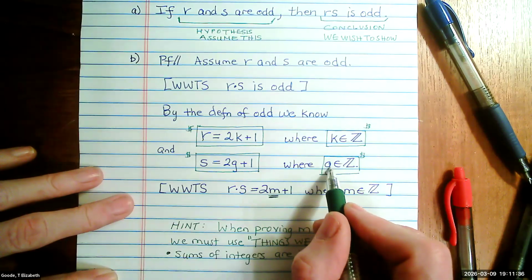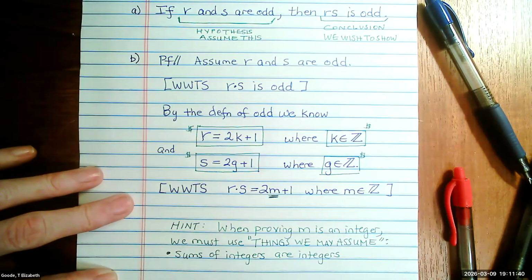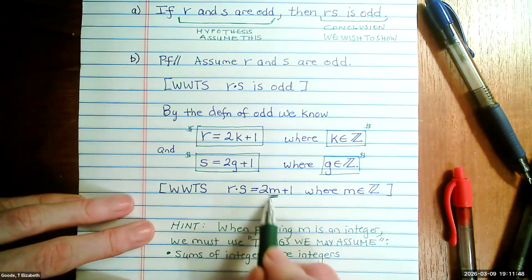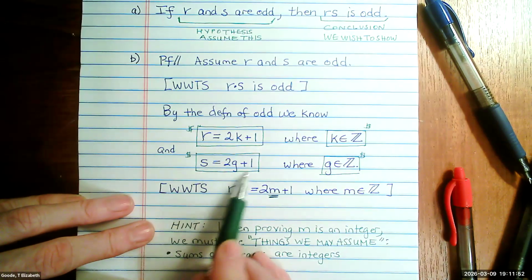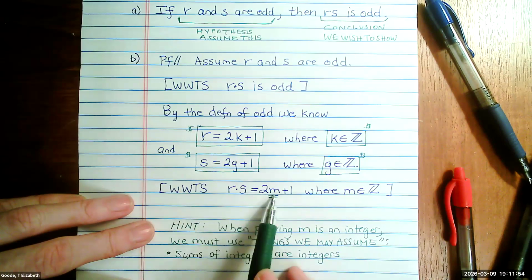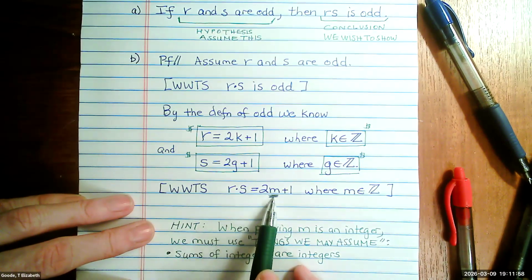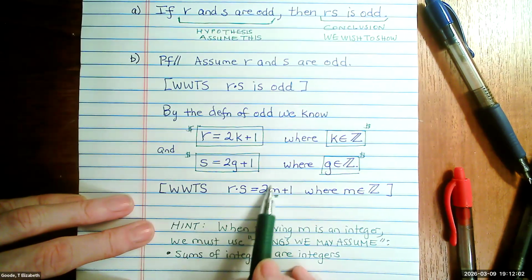It's going to have G in it. You're going to do some multiplying. It's going to be involved. It's going to be an expression because we're going to multiply 2K plus 1 times 2G plus 1 to find that R times S looks like 2 times something plus 1. And the algebra will show you what this something looks like.